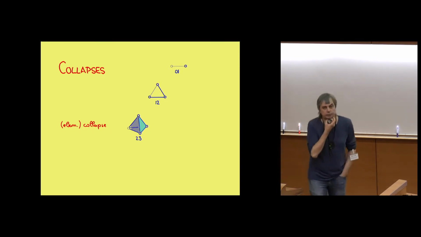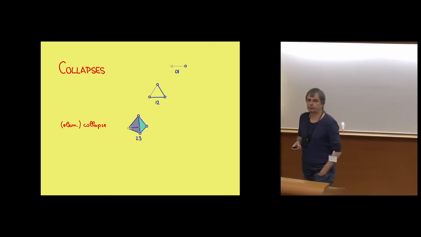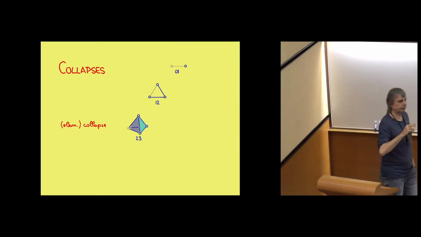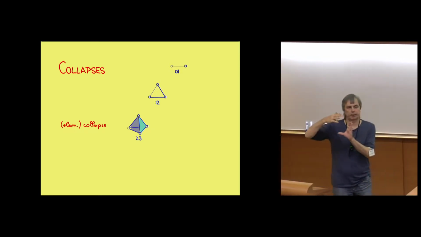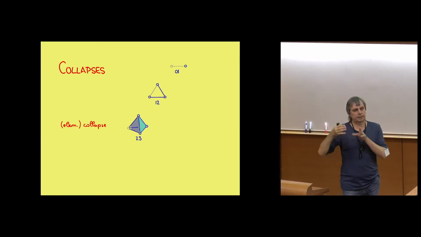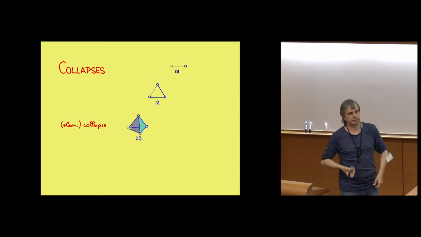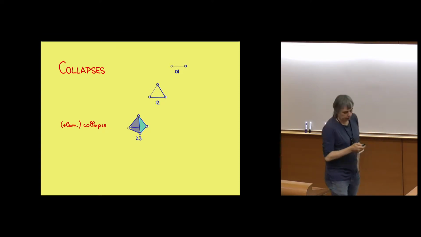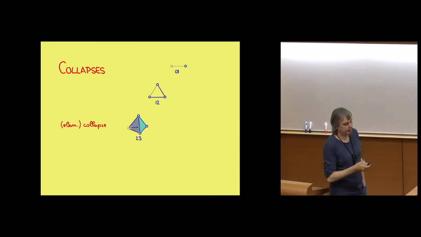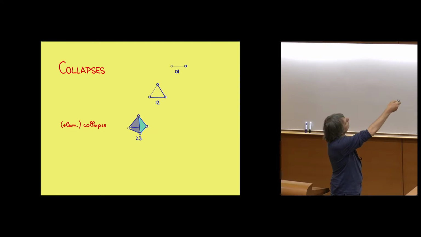So let me first start with the notion of collapses. You remember in 2 dimensions we had this anti-collapse where I added a triangle and an edge. I call it an anti-collapse because a collapse usually takes something away. Anti-collapse adds something. When you do a collapse in a complex, there are various types. At the top, I have an edge with 2 vertices.